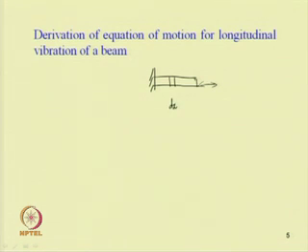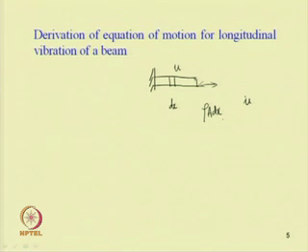Let rho be the density of this material, so rho A dx is the mass of this small element, and let u be the displacement for this element. If u is the axial displacement of this element, then the velocity will be du by dt, or I can write u dot is the velocity, and rho A dx is the mass of the small element.